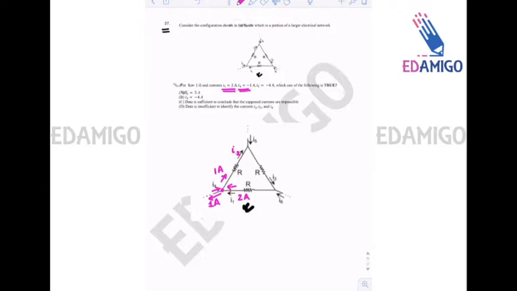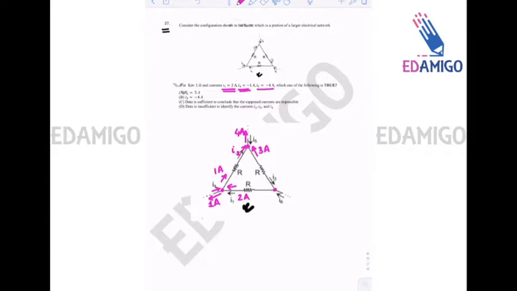Now it is given that I5 is -4, so the current in this branch is 4 amperes. So 1 ampere is in this branch, and 4 amperes is going outside. So the current in this branch will be equal to 3 amperes by simple KCL.